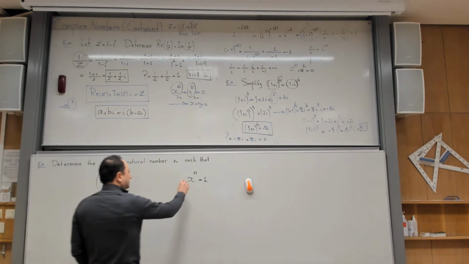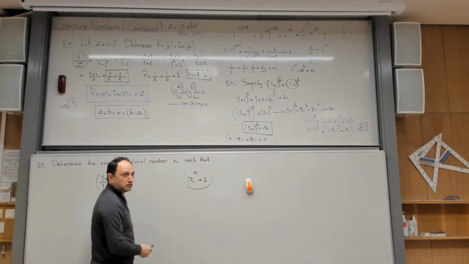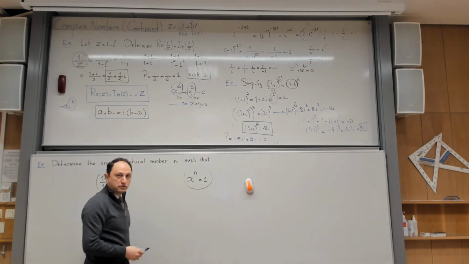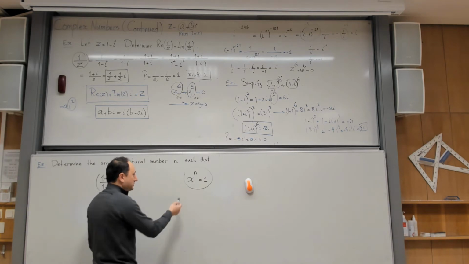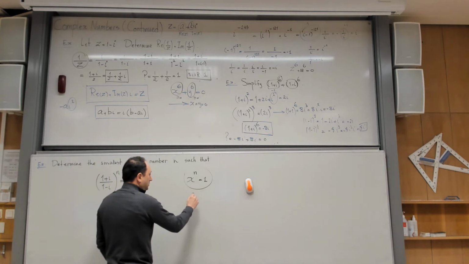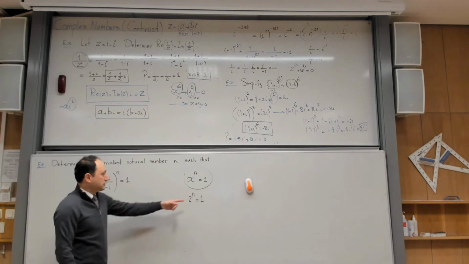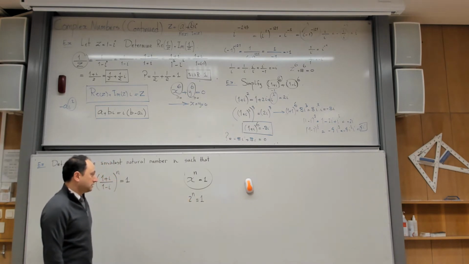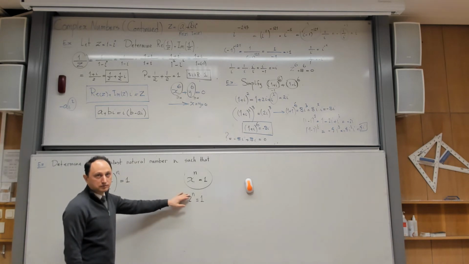If I ask you the same question in the real numbers, can you give me the smallest number n such that this happens, then I don't know, if 0 is allowed, you can say 0, yes?